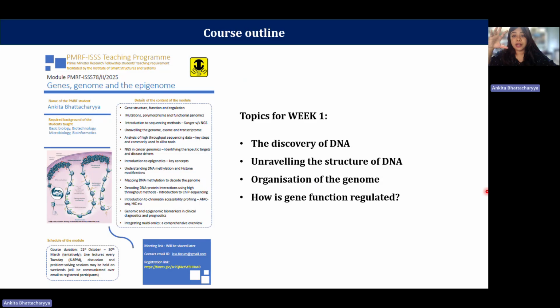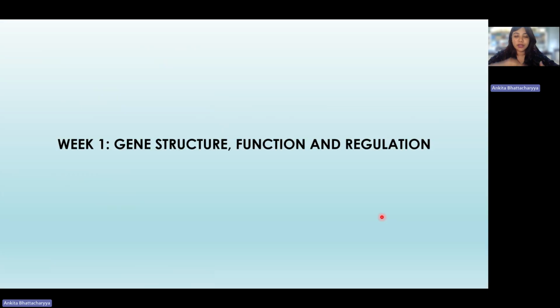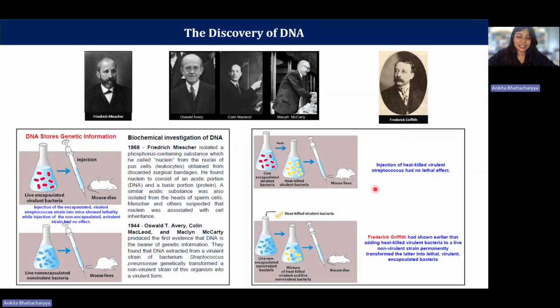Nonetheless, our initial discussion was on very core, central molecular biology, whereby we first discussed the discovery of DNA, the structure of DNA, how the genome is organized, and how gene function is regulated. These were mentioned as separate topics because it was very early on in the course, and then gradually we moved forward towards more condensed topics, which is why you have not found a lot of bullets on it, but a lot of topics have been covered nonetheless.